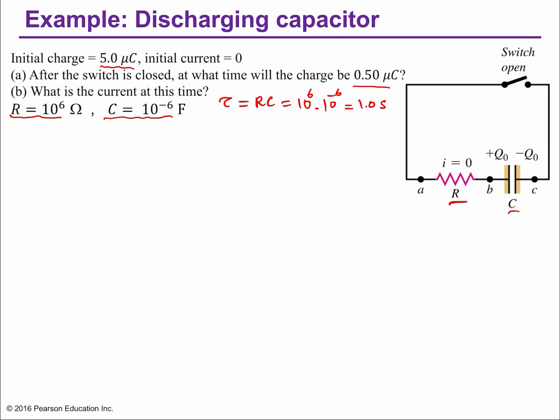Since the capacitor is discharging, we write down the equation for discharge: Q is equal to EC e to the power minus t divided by RC. We need to solve for t when Q is 1/10 of the initial charge. The initial charge is EC, so when Q is EC divided by 10, what is the value of t?